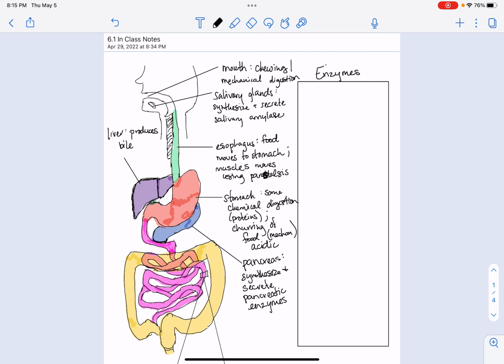Oh, I almost forgot about our little boy over here. This little guy underneath the liver, what is he? He is the gallbladder. And what does the gallbladder do? Yes, it is going to store the bile.